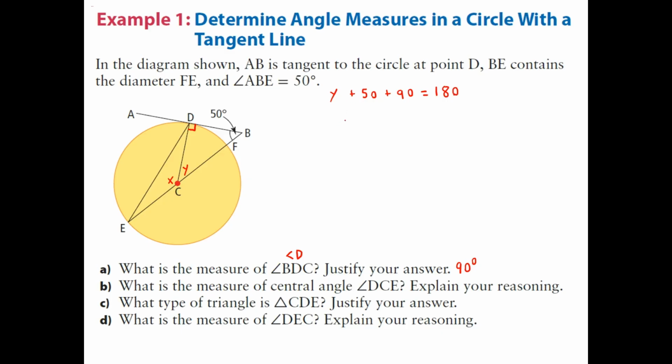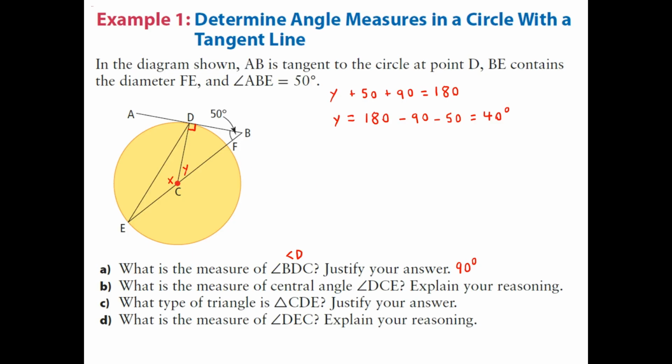So to find Y, I take 180 minus 90 minus 50, which is 40 degrees. So Y would be 40 degrees.